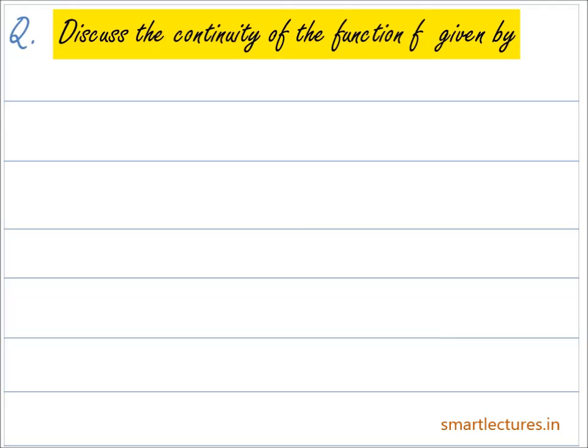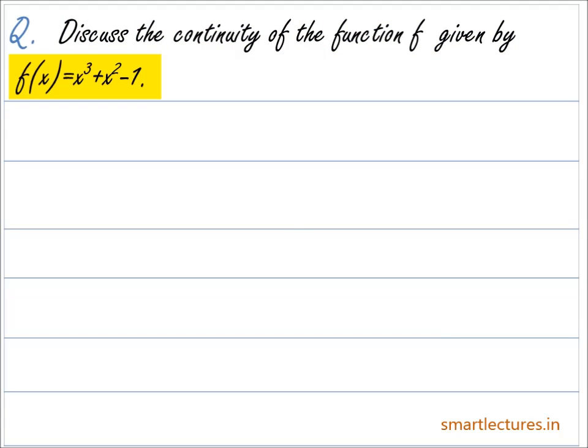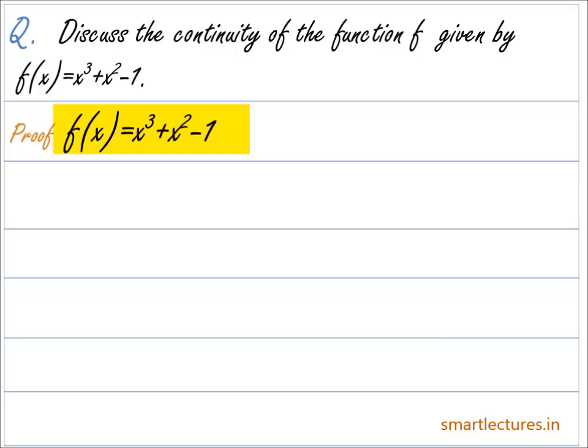Now let's solve one more question. Discuss the continuity of the function f given by f of x is equal to x cube plus x square minus 1. Now the function f of x is equal to x cube plus x square minus 1.